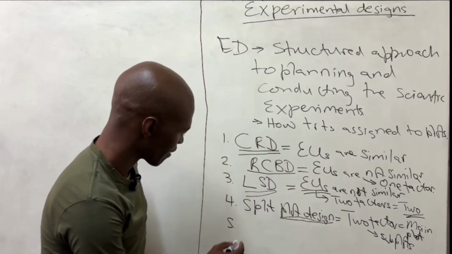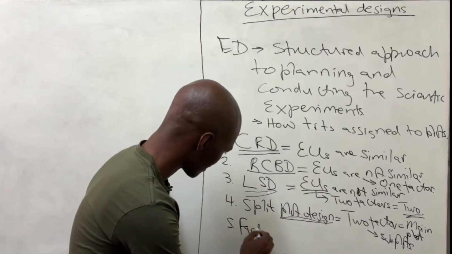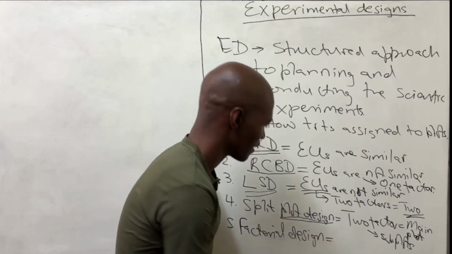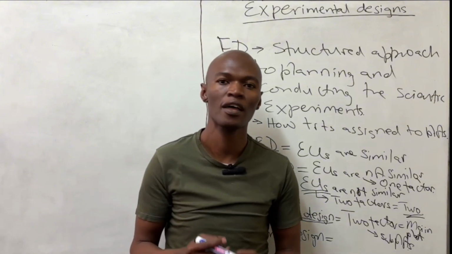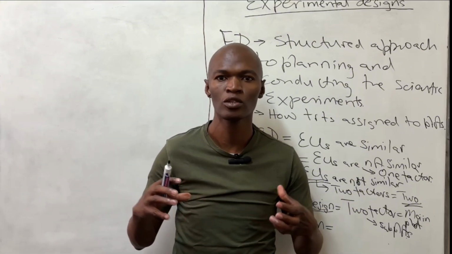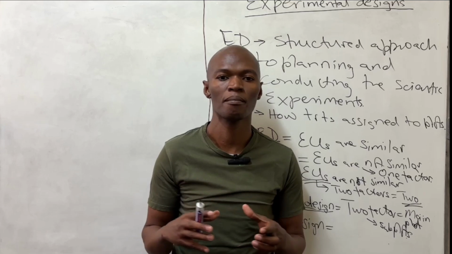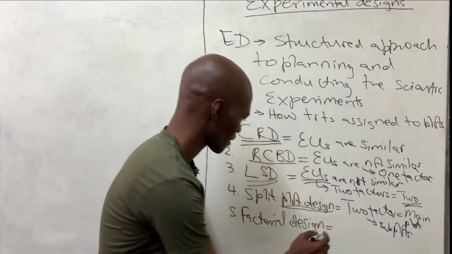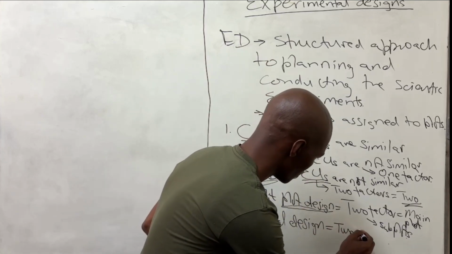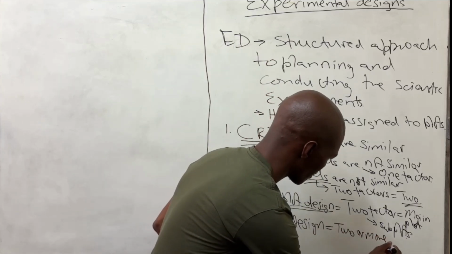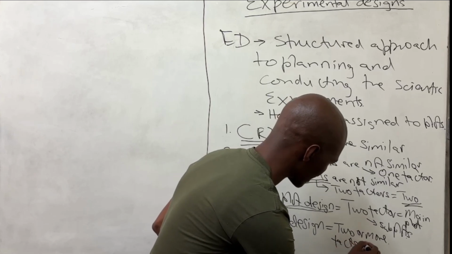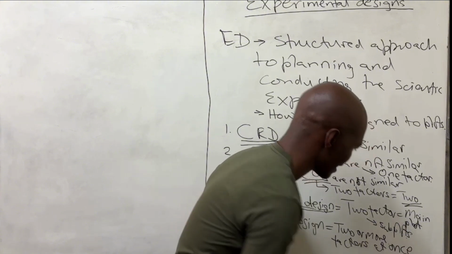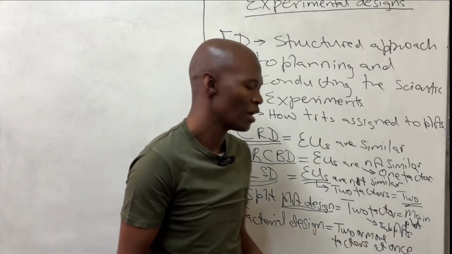Then number 5, we have the factorial design. The factorial design is one of the designs that we use if we want to combine two or more factors at the same time. We want to know the effect of two or more factors of our interest at once.